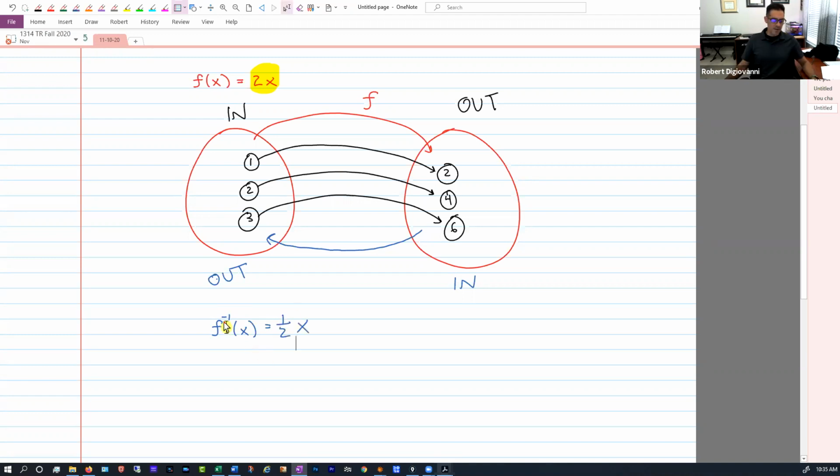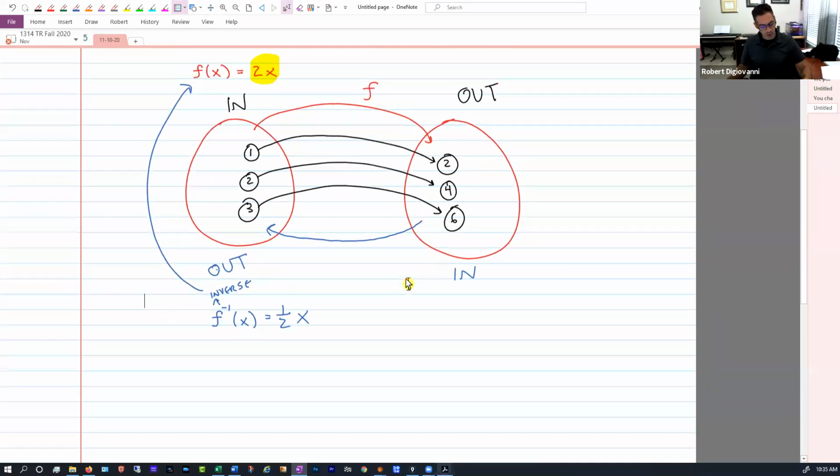So think about this. This little -1 tells you that this is the inverse of this function. It's the inverse of that function f. It undoes what f does. f doubles everything. The inverse function halves everything.